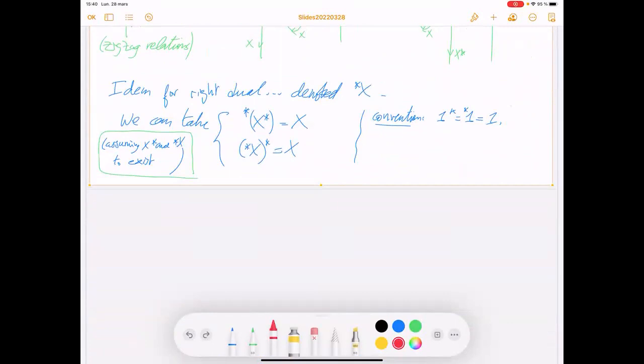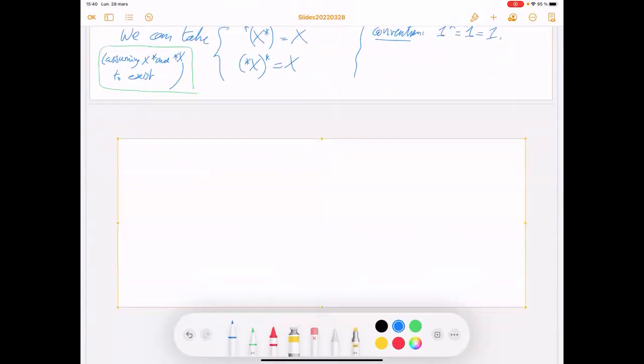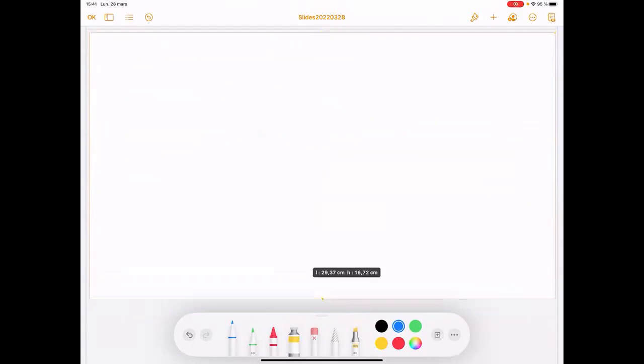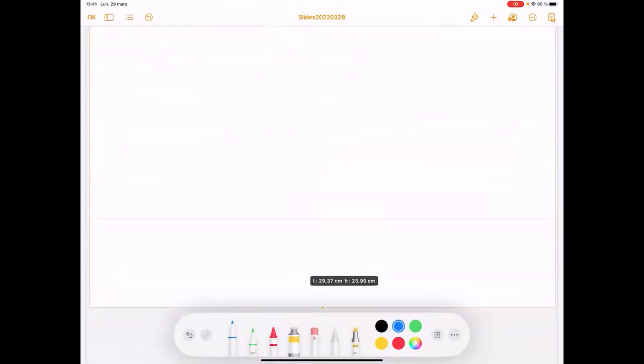Okay, so now we will recall the notion of adjoint in locally small category, and we will give the link between adjoint and dual as we just defined. Left dual, right dual of an object, and the notion of adjoint of a functor.